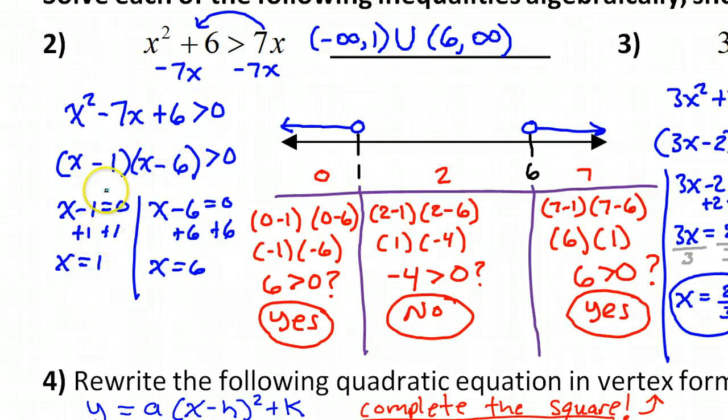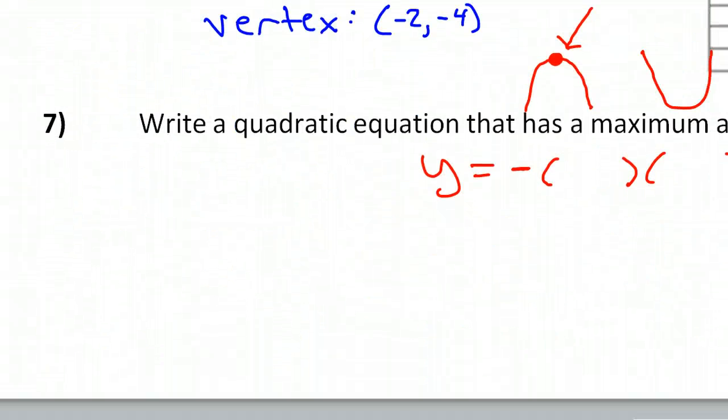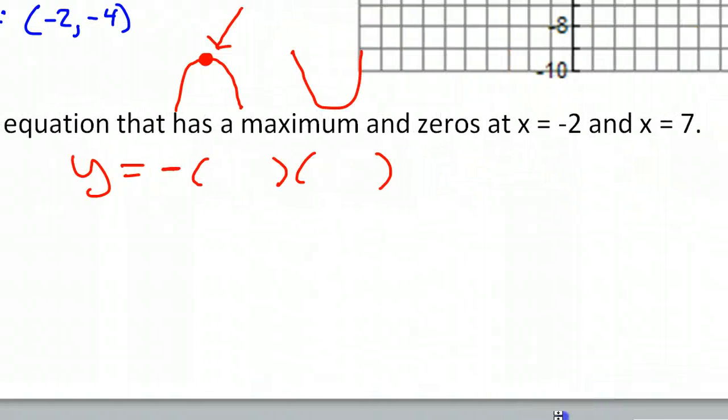So if you look at that, alright, -2, what factor would give me a 0 of -2? Alright, well, if this were x plus 2, that would give me -2, because then I would go, oh, x plus 2 equals 0, minus 2, and then I'd have x equals -2.